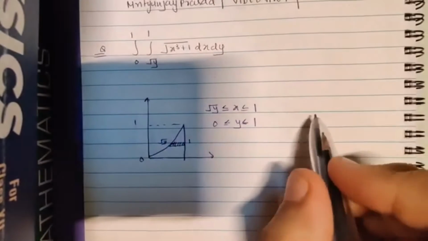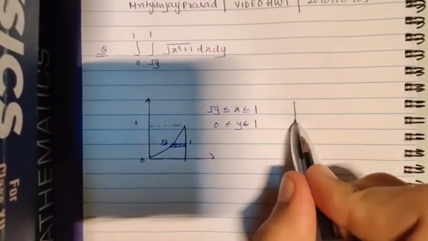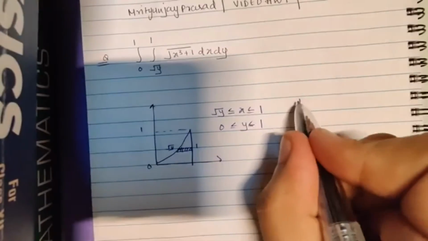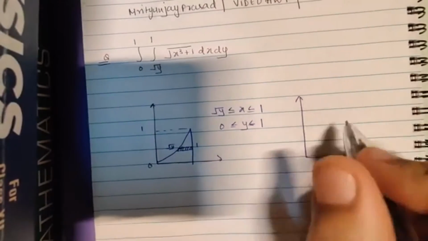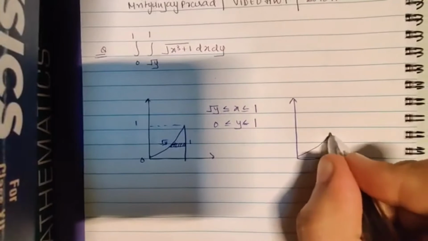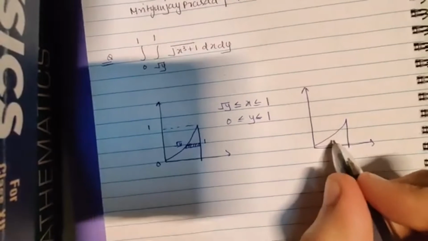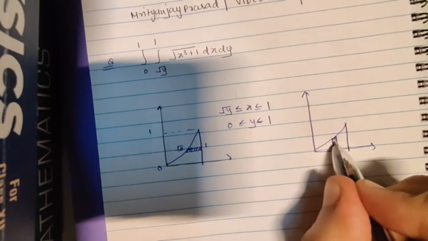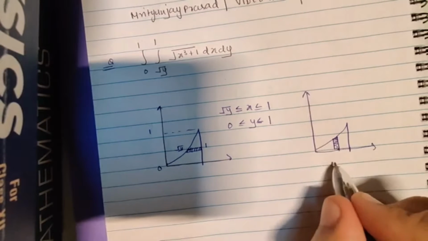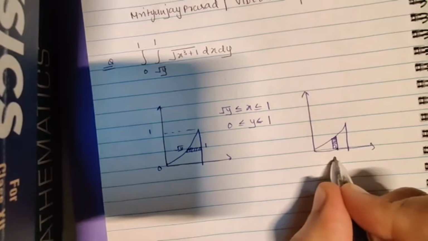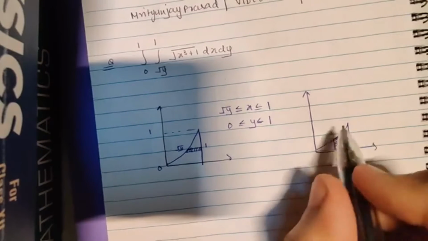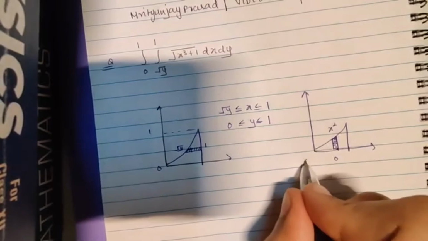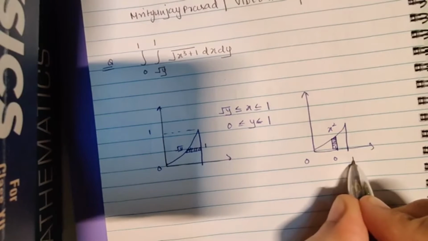So for that, let's see another graph, which is basically the same because the equation is the same, but here we would integrate with respect to y, which means it would go from 0 to x square, and x goes from 0 to 1.